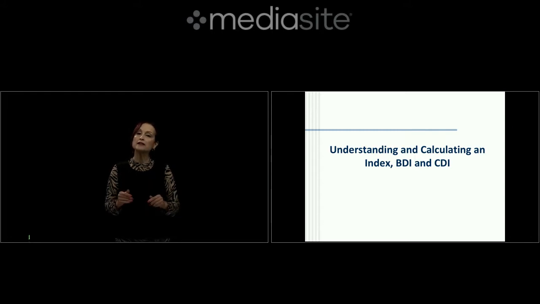After you finish this video lesson, you will be able to define and recognize the concept of the index, understand the concept of the Brand Development Index or BDI, understand the concept of the Category Development Index or CDI, understand how an index can assist in making strategic media planning recommendations, such as who, where, and when to advertise.